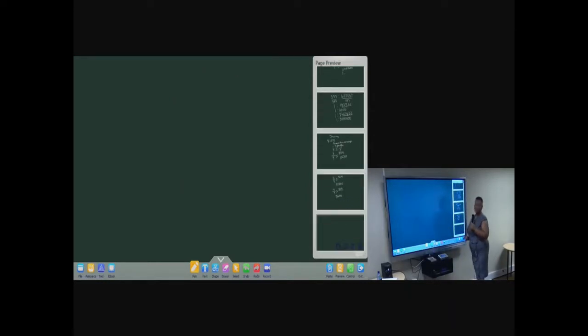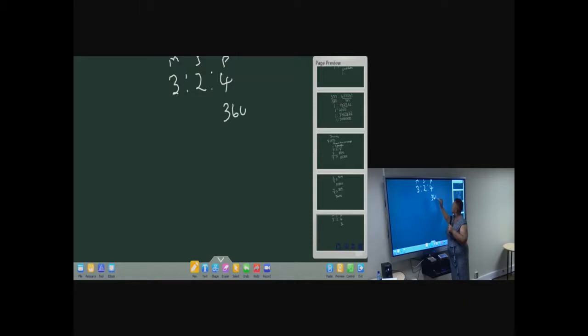Then there are scenarios where you are given a ratio. You have shared in a ratio of 3 is to 2 is to 4, the ratio I've just explained. But now you are told that it was Mary, John, and Peter, and that Peter got 3,600.